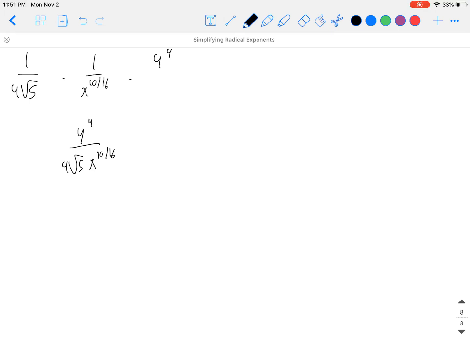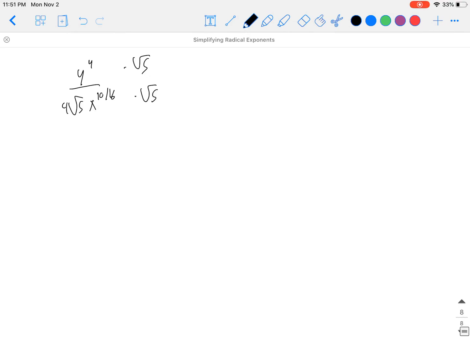Now, before we stop here, let's go ahead and rationalize this denominator. We're just going to achieve this by multiplying it by the square root of 5 on both the top and the bottom. So when we multiply this by the square root of 5, we get square root of 5 y to the 4th, over 4 square root of 5 square root of 5 x to the 10 over 16.